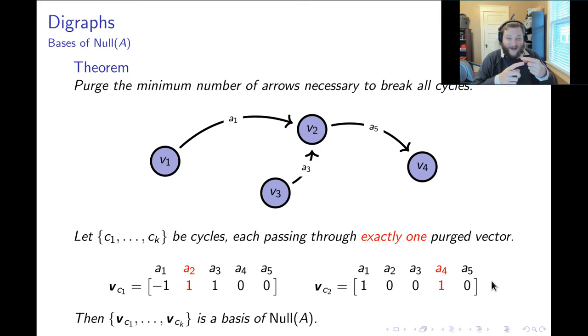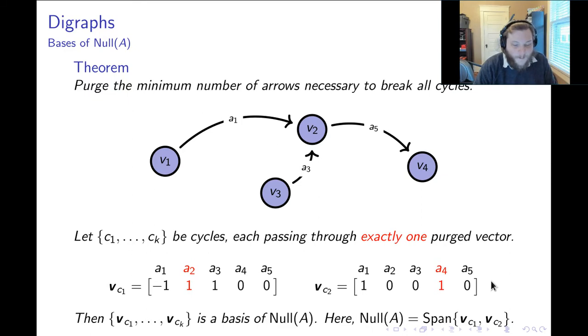Here, we can take advantage of the geometry of the directed graph, and namely, we can study the cycles in a systematic way to construct a basis of the null space of our matrix. So in this particular example, the null space of our incidence matrix is the span of the 2 vectors that we just constructed.